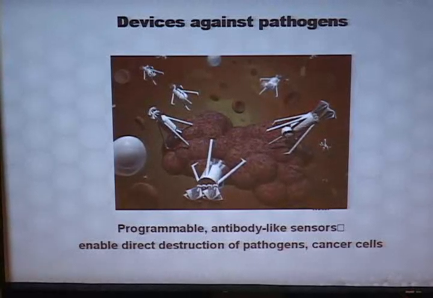So the prospect there is for very reliable ability to fight bacteria and viruses in the human body.